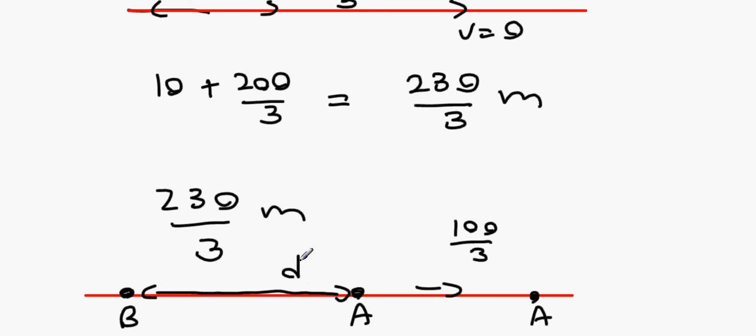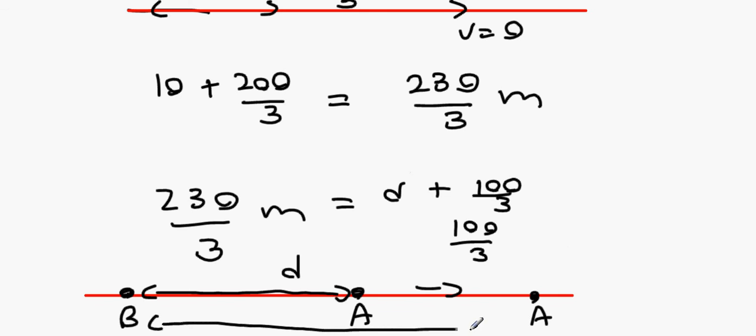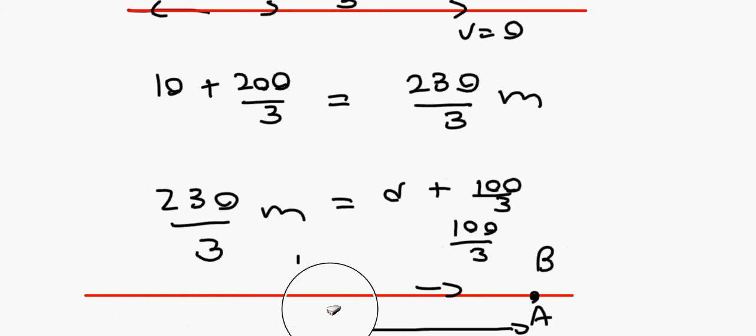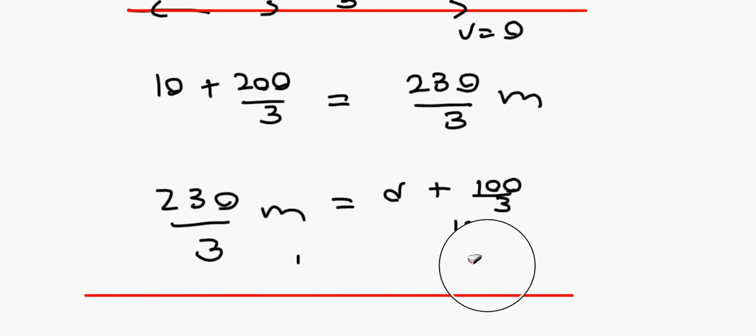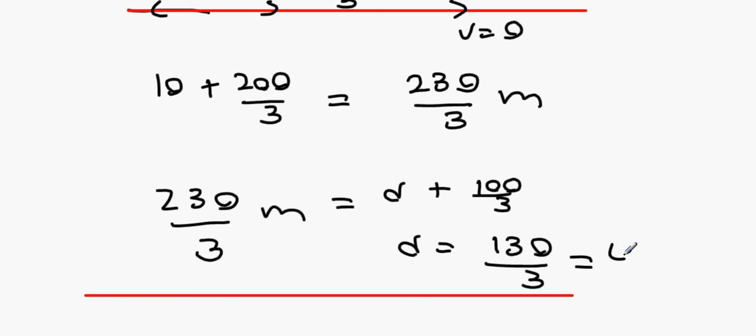So D plus 100 over 3 has to equal the full length it took B to decelerate. When this happens, the formula we're left with is D equals 100 over 3. Therefore D is going to be equal to 130 over 3, which is 43.3 meters.